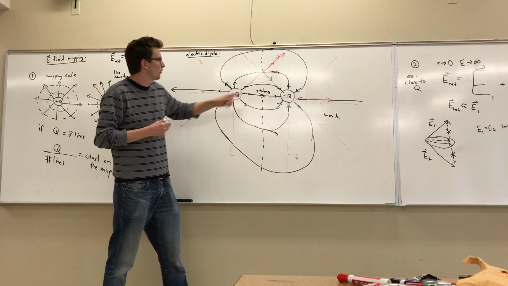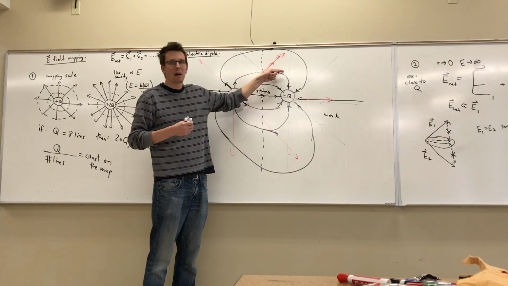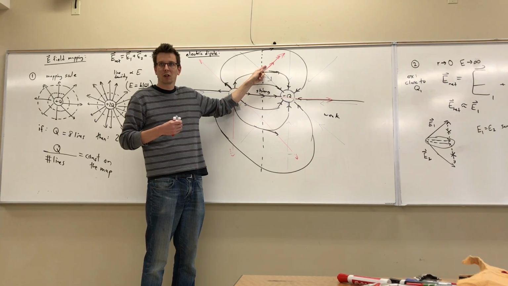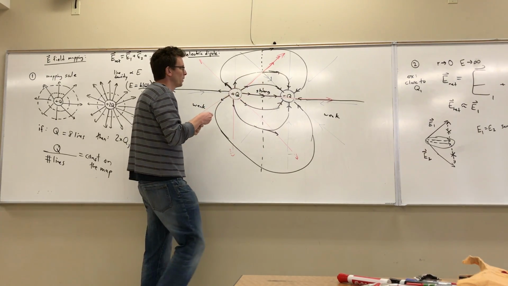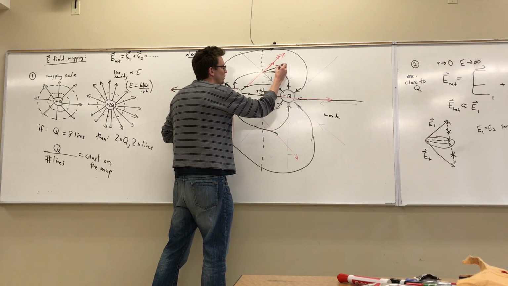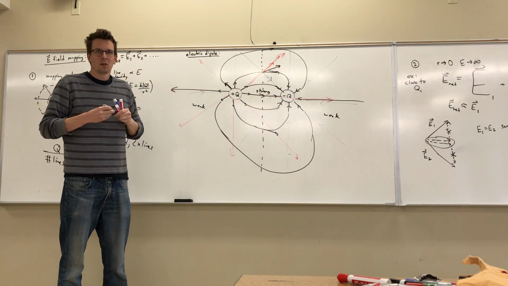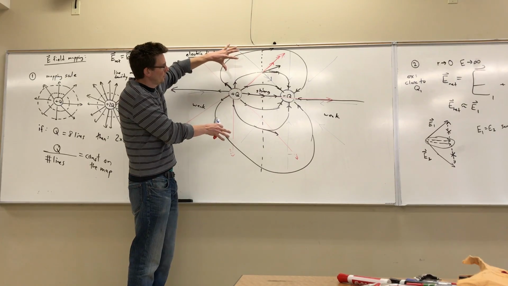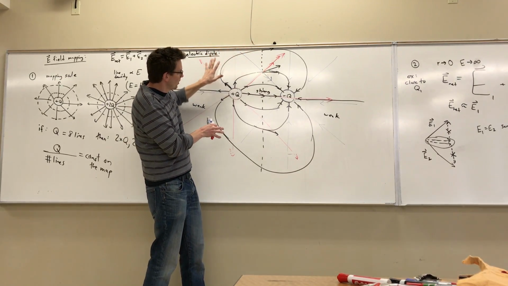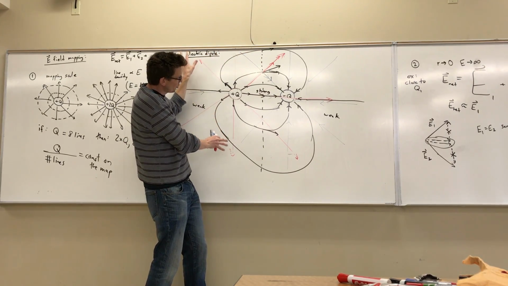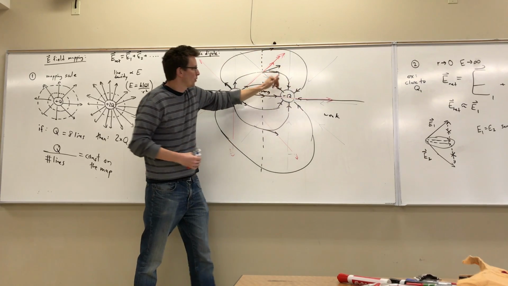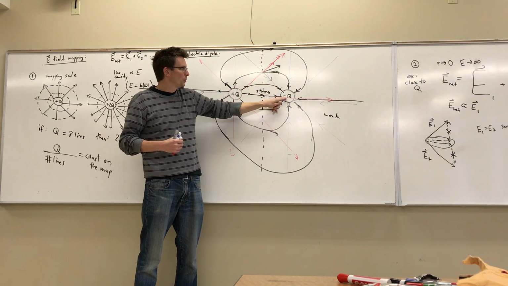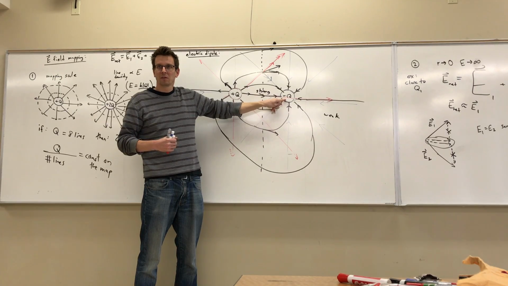And the vector addition of those two would definitely not be horizontal. It would be still dominated, of course, by this larger charge. So the net field might look something like this. So if that were the case, what you'd find is it's more or less looking like this, but the point at which the field lines that left this charge and connected to this charge went horizontal, which is to say when they both had equal contributions, would be closer to this one, right?